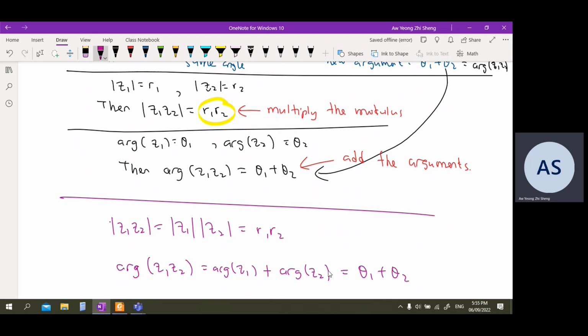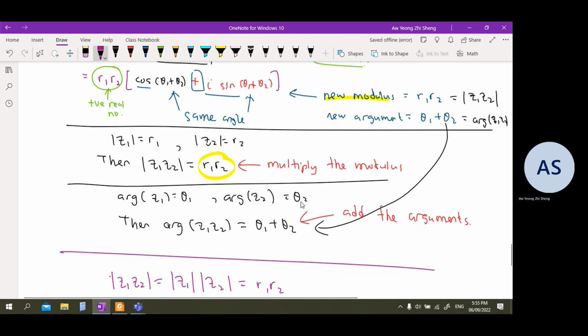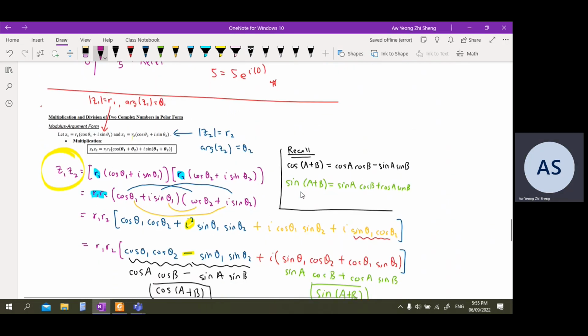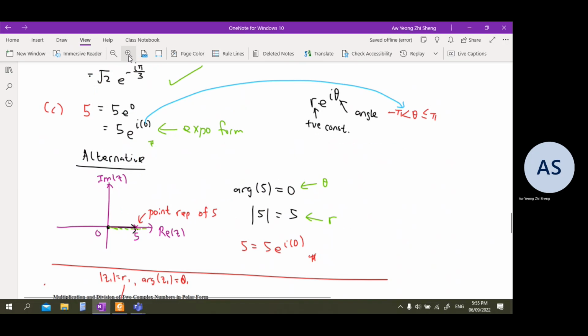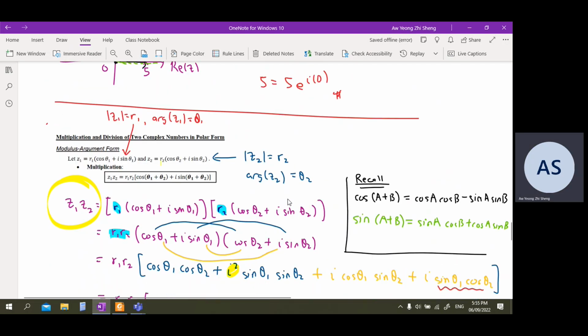So this is consistent with whatever we have learned earlier in this chapter. This just emphasizes that when we multiply two complex numbers, we multiply their modulus to obtain the new modulus, and we add their arguments to obtain the new argument.